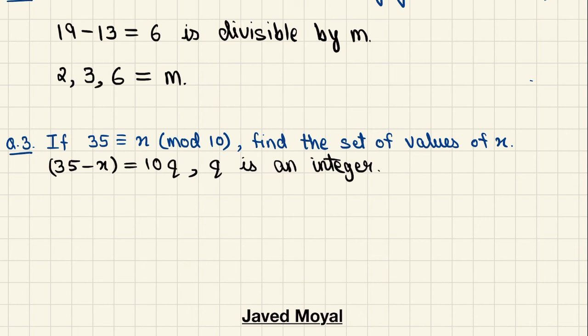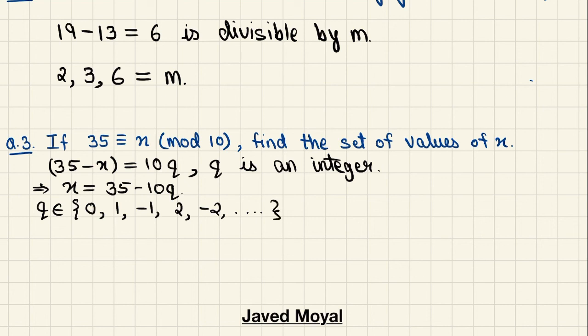So from here the value of x so obtained is 35 minus 10q, satisfying the same condition for q. So we know that since q is an integer, q belongs to the set 0, 1, minus 1, 2, minus 2 and so on.